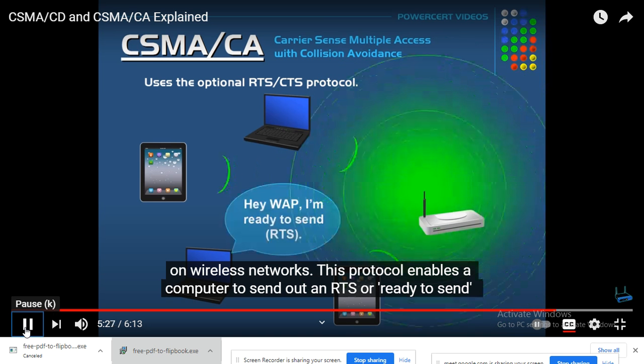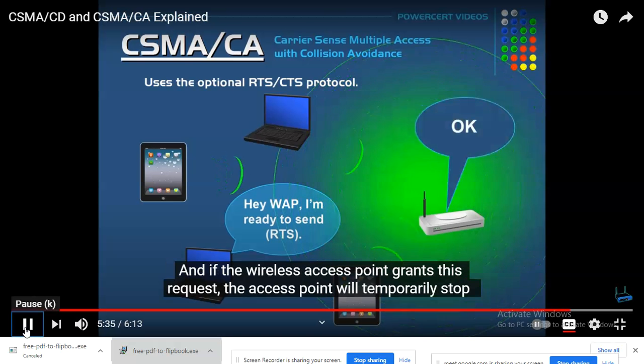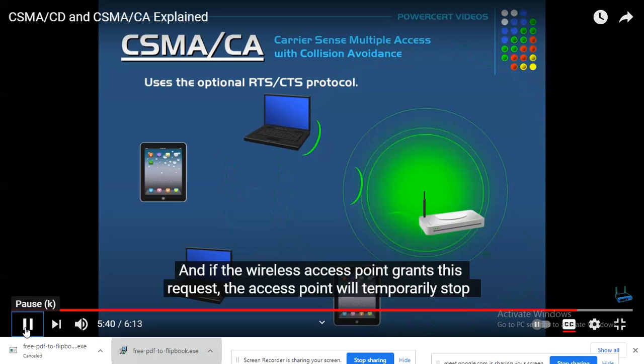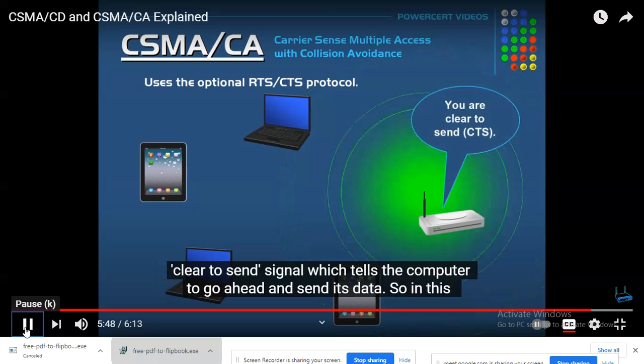This protocol enables a computer to send out an RTS, or request to send, signal to the wireless access point requesting an opportunity to send out its data. And if the wireless access point grants this request, the access point will temporarily stop all other communication on the network, and then it will respond back to the computer with a CTS, or clear to send.